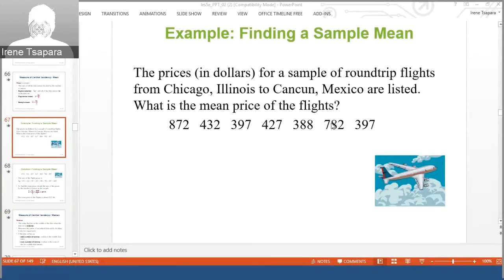So the mean is a magical value, a value that balances all these numbers that jump up and down. The mean is the value that is in the middle of all these values.